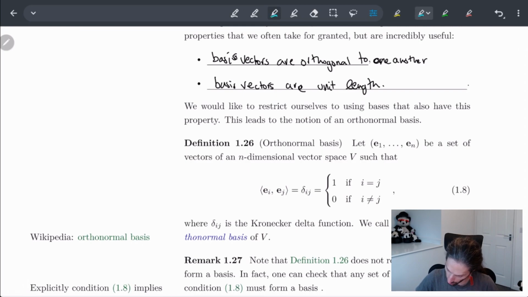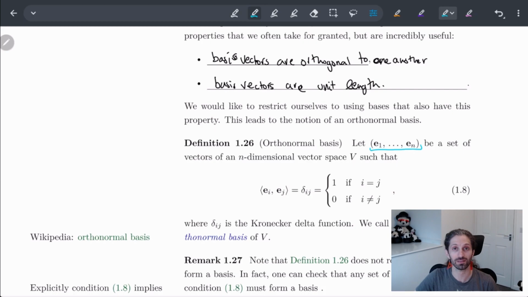An orthonormal basis has basically this definition. We start off with some set of vectors, an ordered basis. It's going to be n-dimensional, so the basis has n vectors in it.